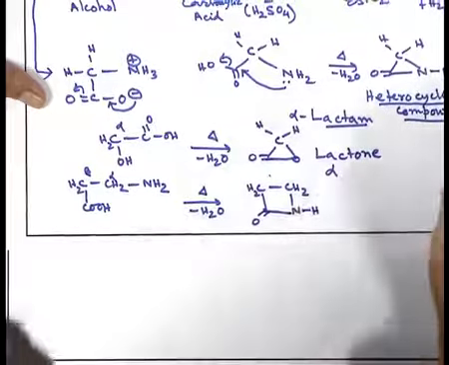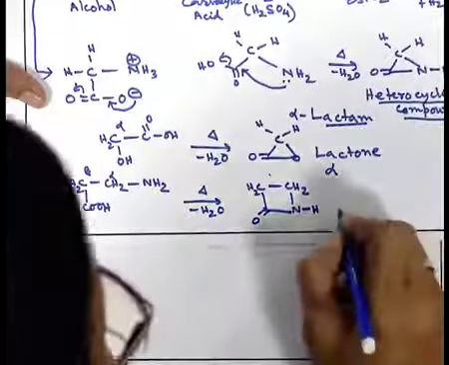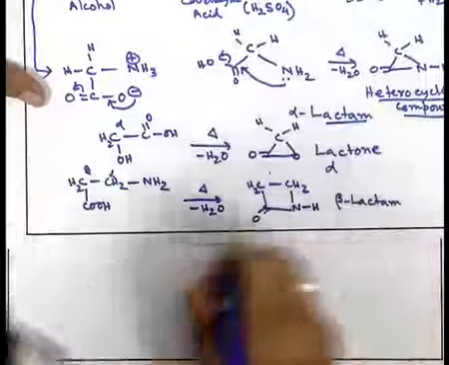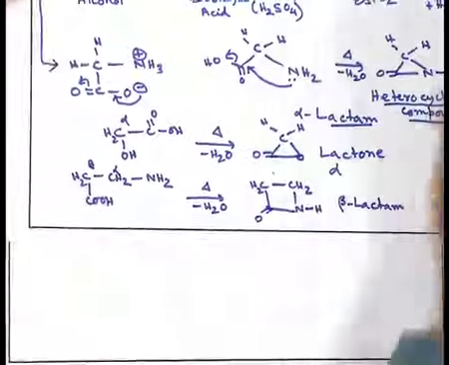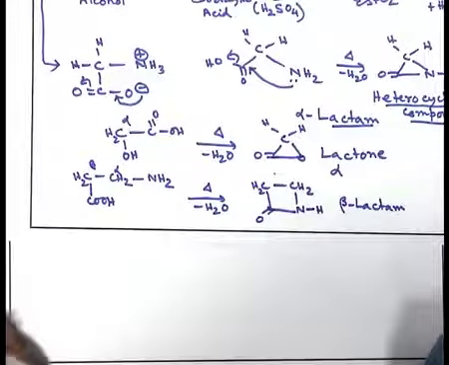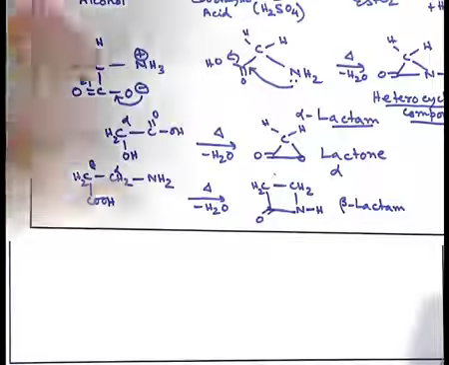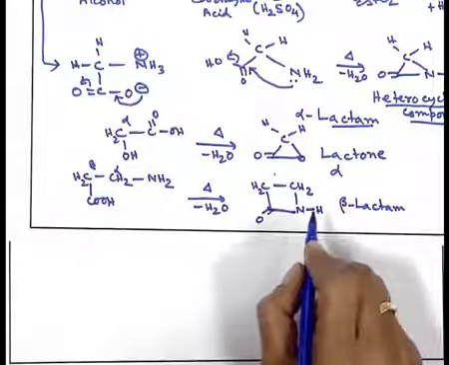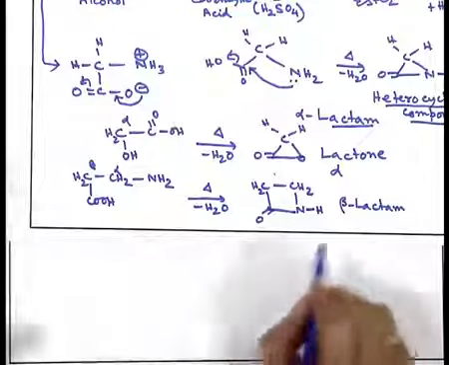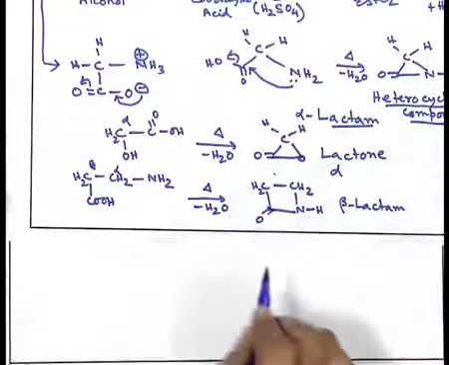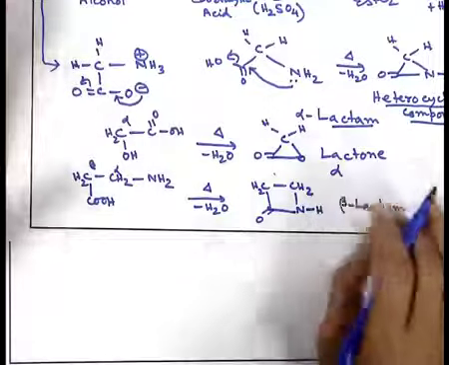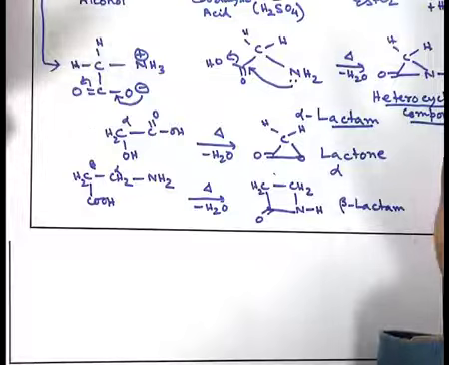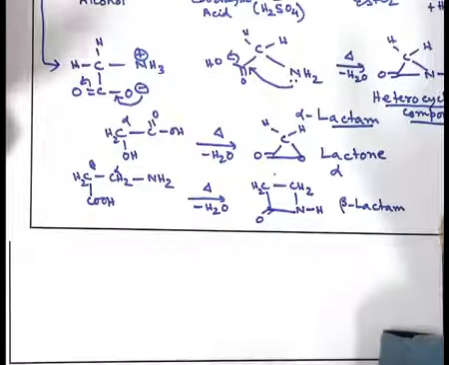And this class of compound is very, very interesting. This is called beta lactam. Why beta lactam? Because beta amino carboxylic acid's internal salt is beta lactam. This is a 4-membered nitrogen containing heterocyclic compound. And why did I write this thing? The answer is very simple. This type of structural moiety is present in many interesting compounds.